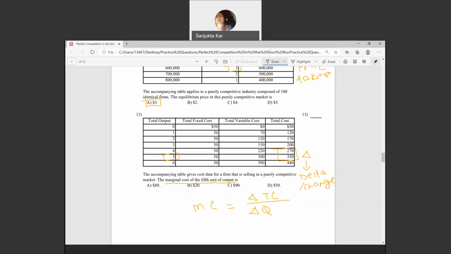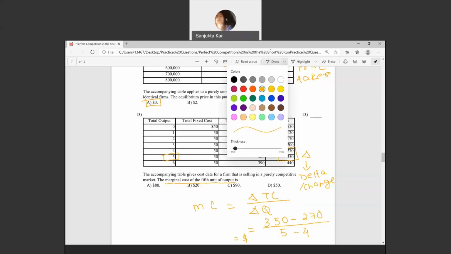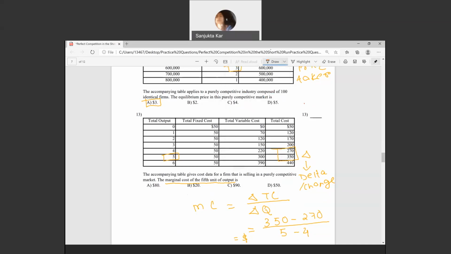So the change in total cost is 350 minus 270 over 5 minus 4. So my answer will be equal to $80. This is the answer to this question.